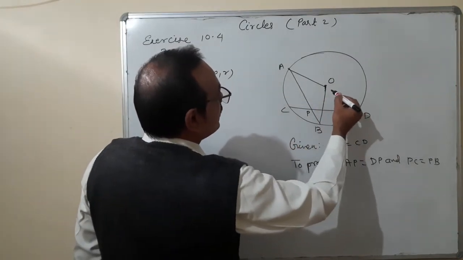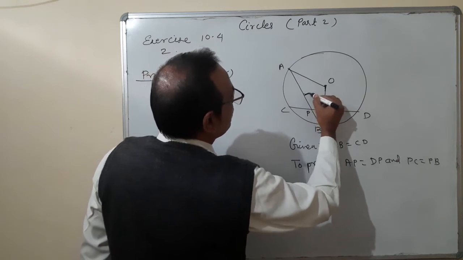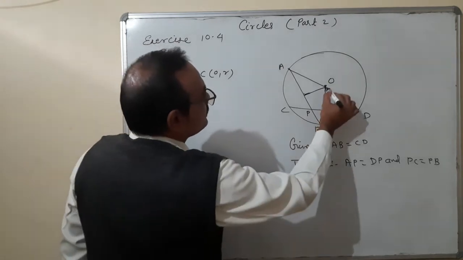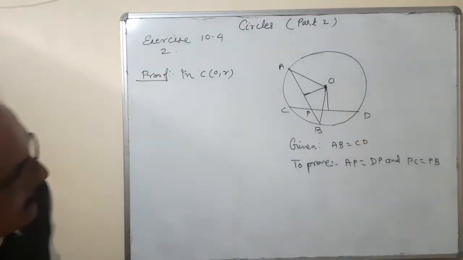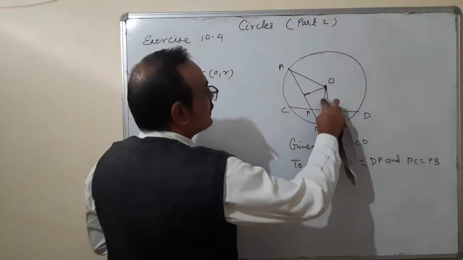Going to draw one perpendicular here, and a second perpendicular here. Don't join from here, otherwise you'll get confused.